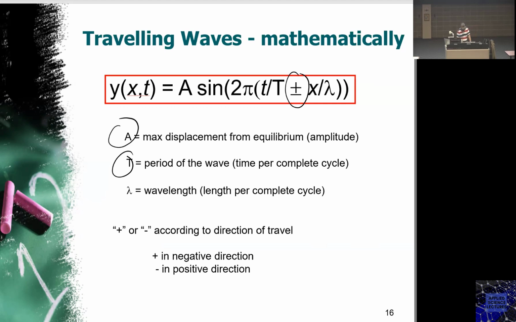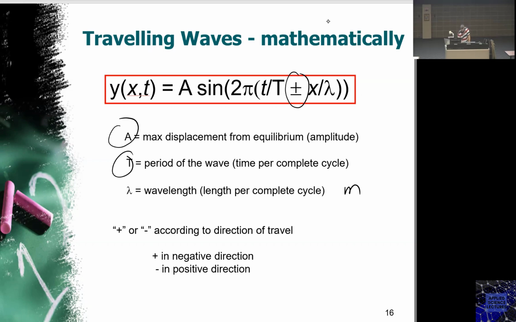So the wavelength has a unit of meter. Keep in mind the minus represents a wave propagating in the positive direction. The plus represents a wave propagating in the negative direction.